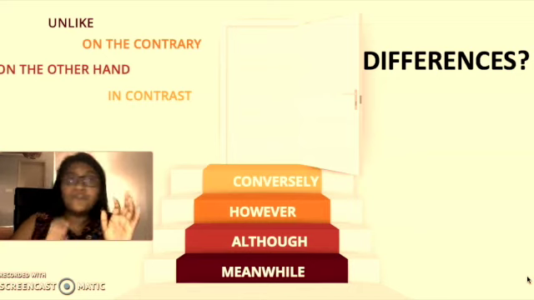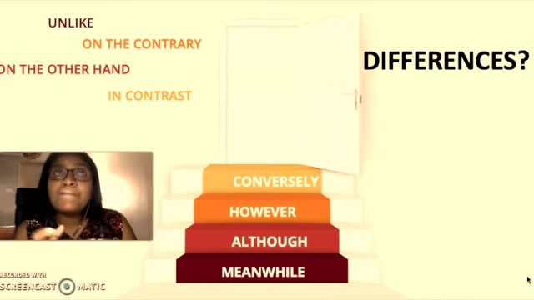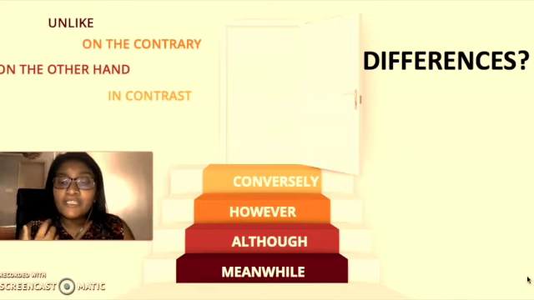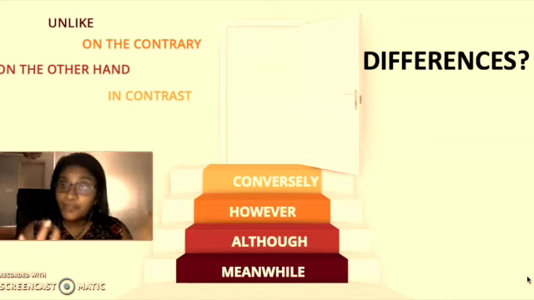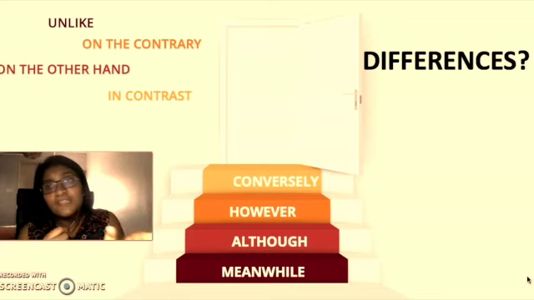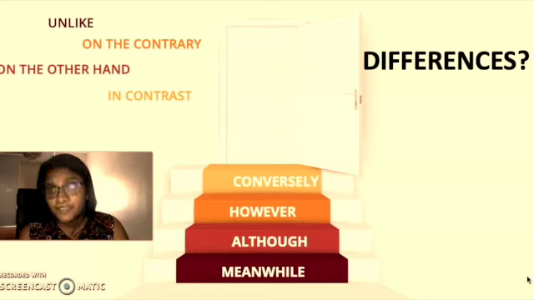All right, so that's how you deal with the differences. The good thing about the connectors of differences is that they will help you to expand your ideas further. These are not the only connectors that you can use to describe differences. There are plenty more, but I'm just letting you know the commonly used ones.